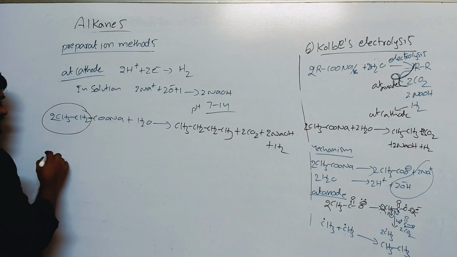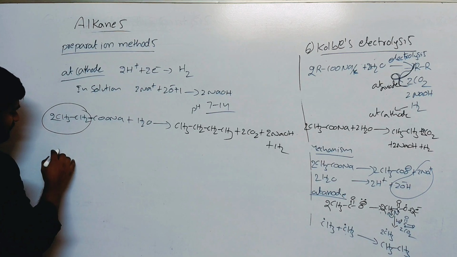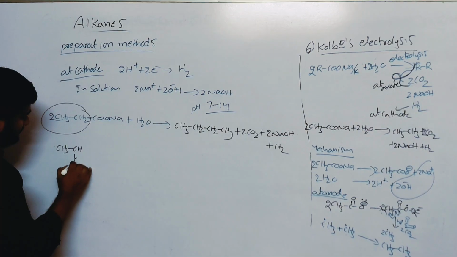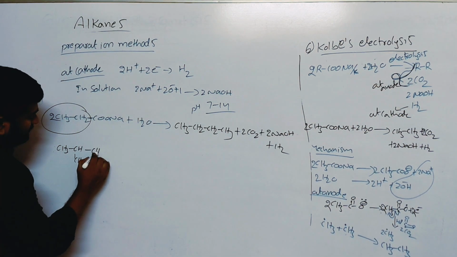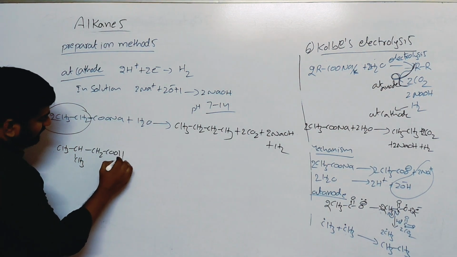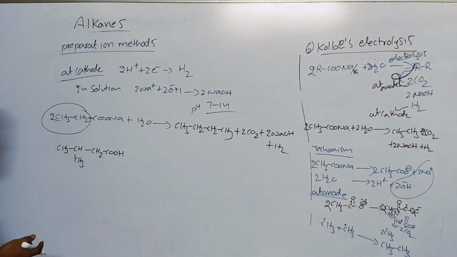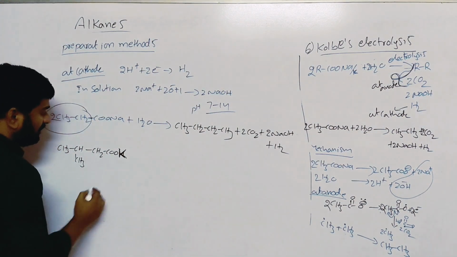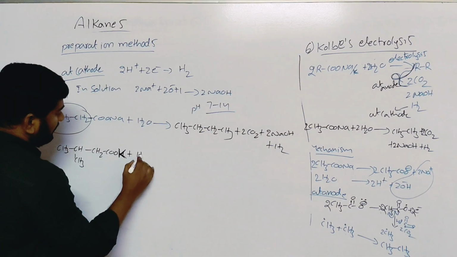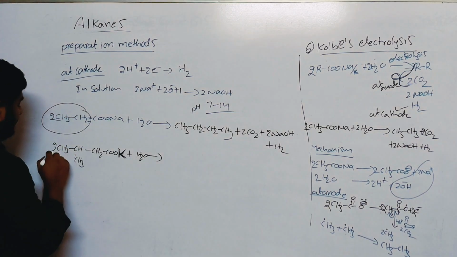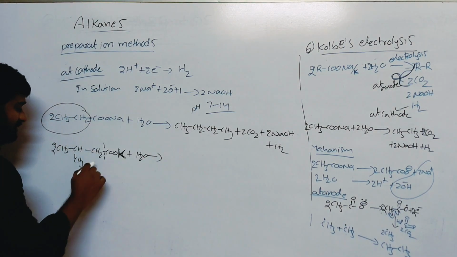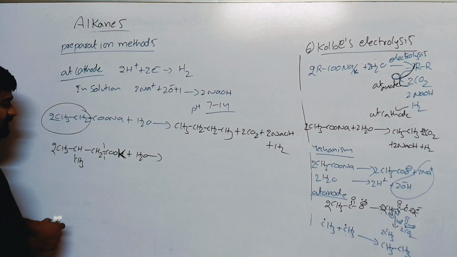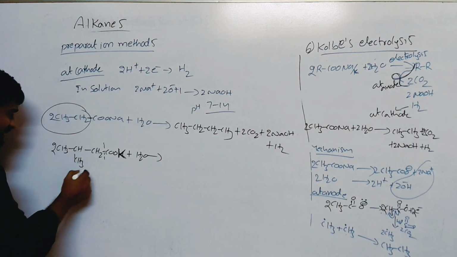Suppose one more example we will discuss. Suppose CH3CH2CH(CH3)COONa is given, the sodium salt of 2-methyl butanoic acid. On electrolysis, here also after COO you have to break off the alkyl group.